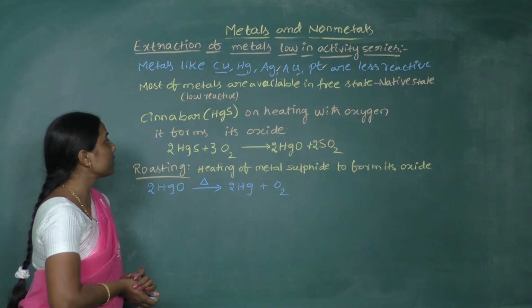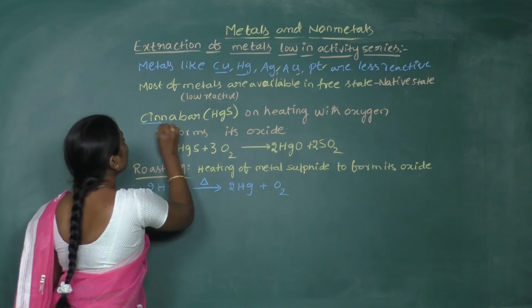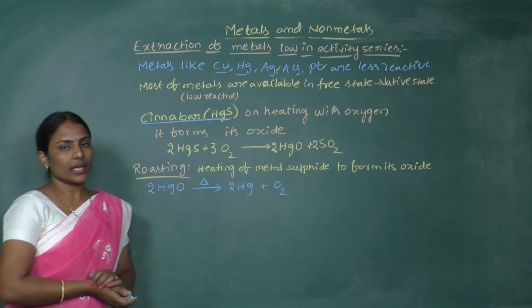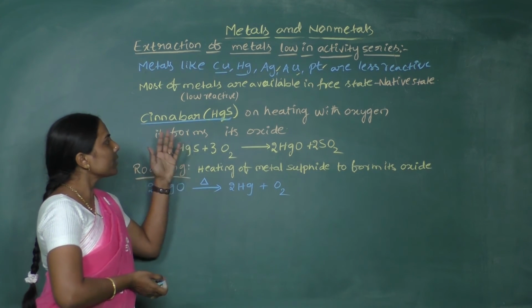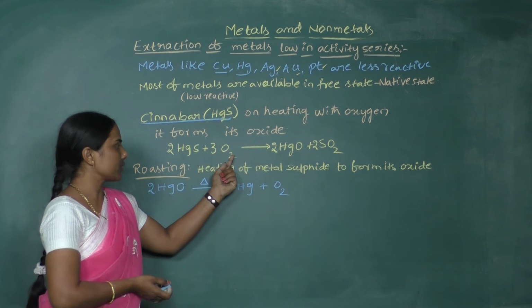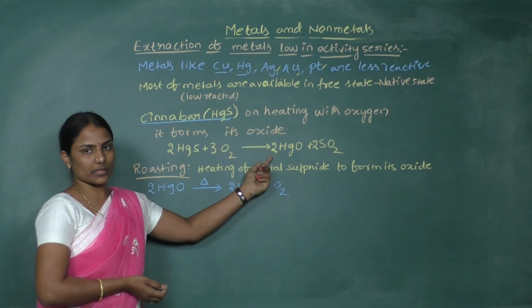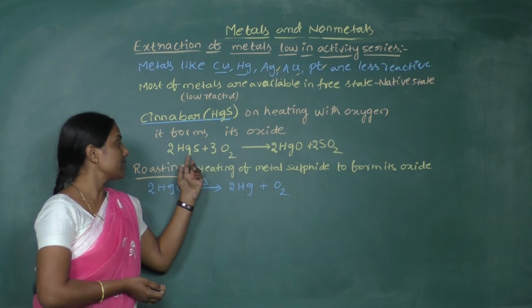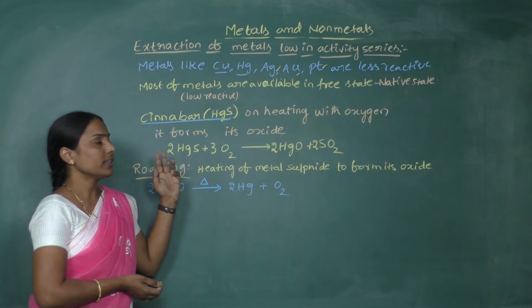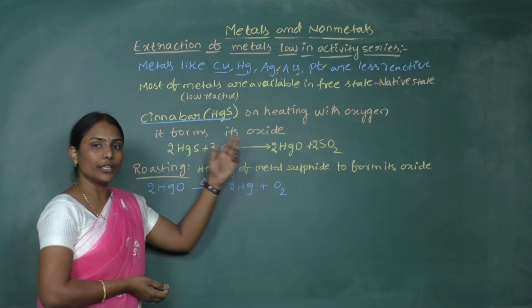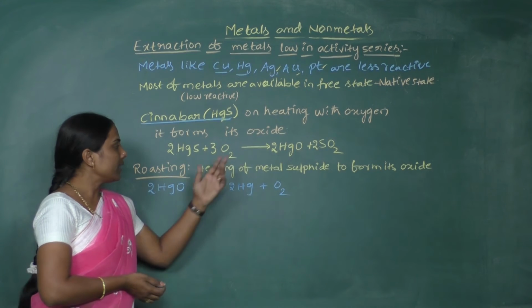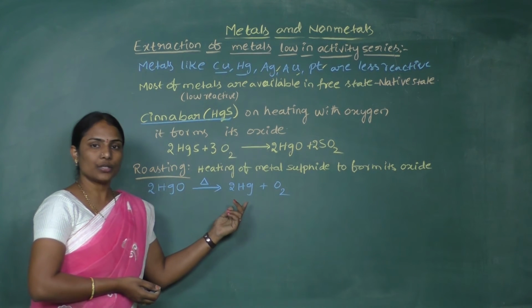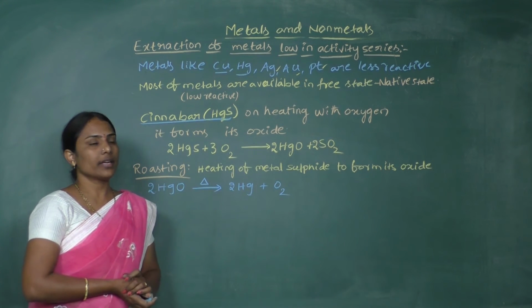Mercury is available in the form of a compound called cinnabar, right? Cinnabar is heated with oxygen to get its oxide. Cinnabar is the sulfide of mercury. Now we have converted the sulfide into oxide, right? And the oxide is then heated to obtain the mercury, right?